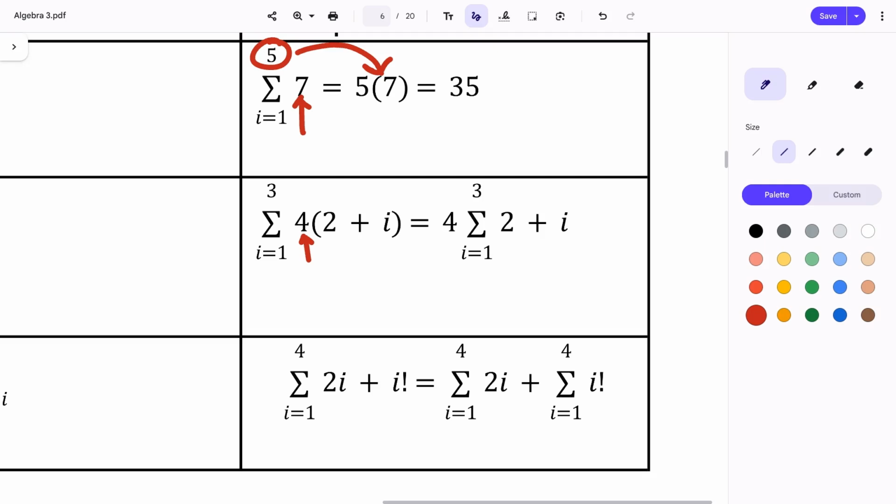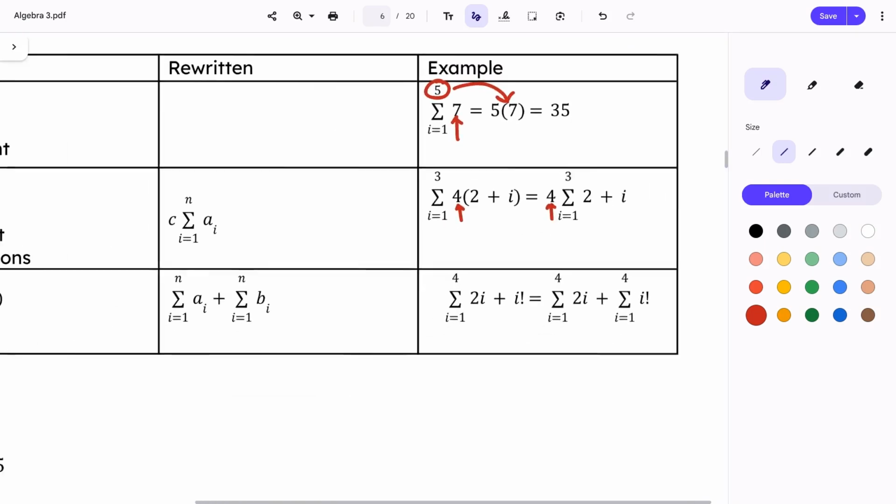So what they did is they put 4 out front, moved it to before the summation notation, and then they would just work with the 2 plus i. My upper limit is 3, my lower limit is 1, so they would just put in 1, 2, 3. You'd add those numbers together and then multiply by 4. So instead of multiplying by 4 and then adding every single time, it's just a different way to approach that.